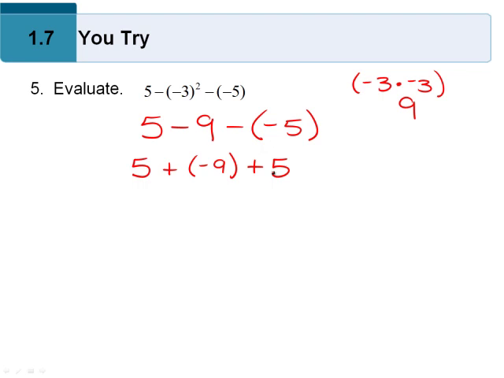Okay? So now I've got two positive numbers. I have 5 and 5 would be 10 plus negative 9, because I added those like signs, and now I have different signs. Remember, if the signs are different, subtract, keep the sign of the larger number. So that's going to be positive 1.